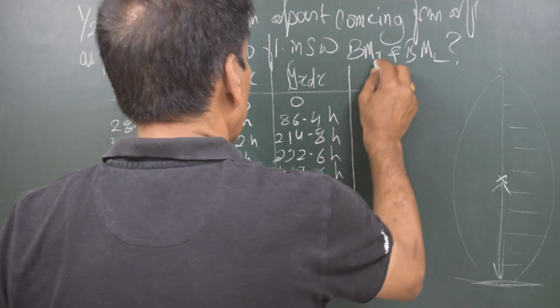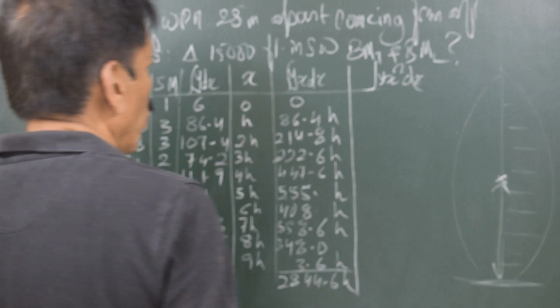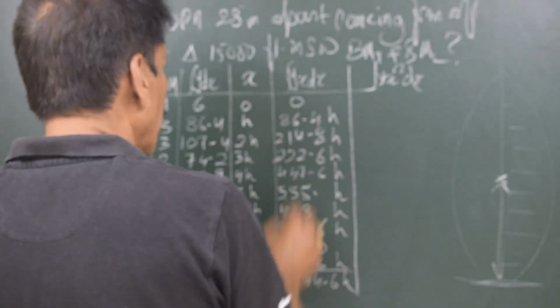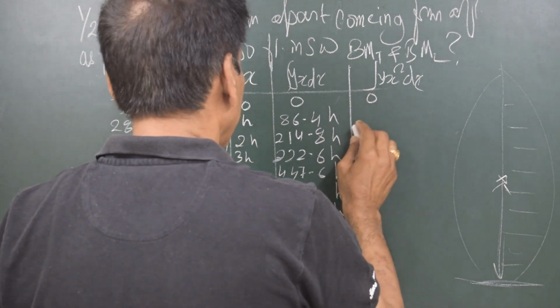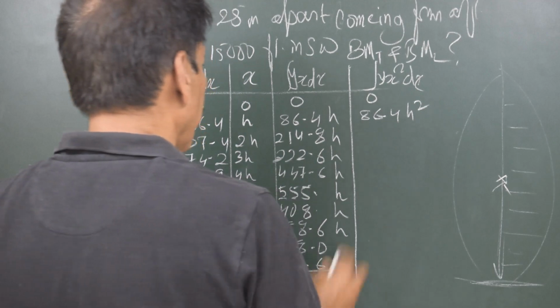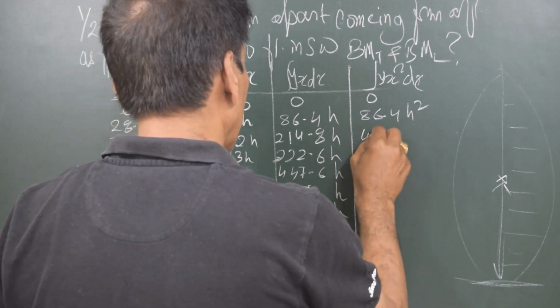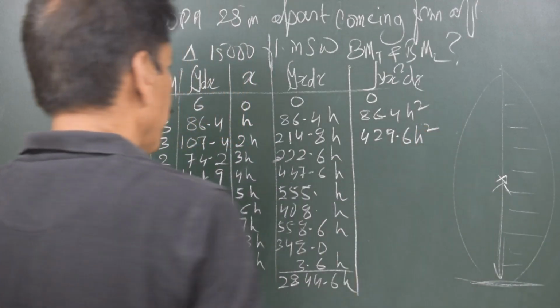The sixth column is y x square dx, which means that this column multiplied by the fourth column, that is x. So it is 0, and then 86.4 h square, and then it is 429.6 h square.